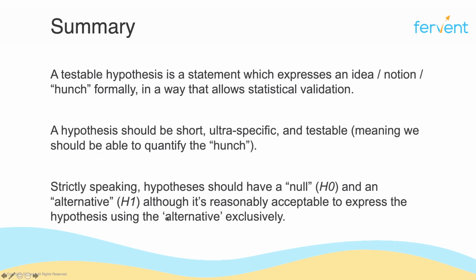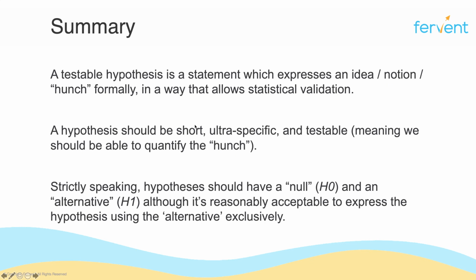We learned that a testable hypothesis is essentially just a statement which formally expresses an idea or notion or hunch in a way that allows statistical validation. We learned that a hypothesis should be short, ultra-specific, and testable, meaning that we should be able to quantify our hunch. And of course, between the length of a hypothesis and its specificity, you want to prioritize specificity.